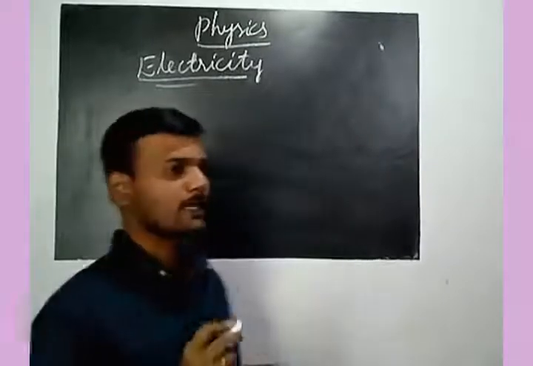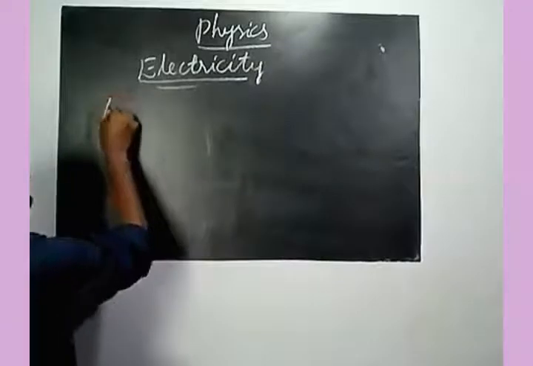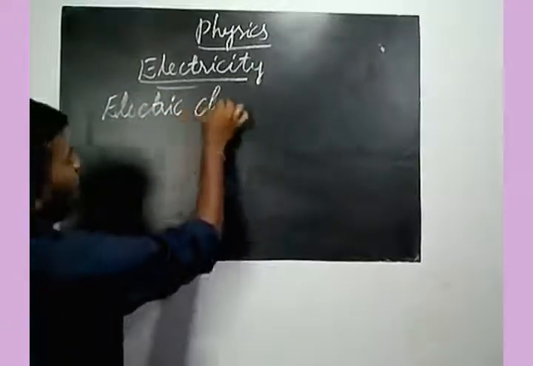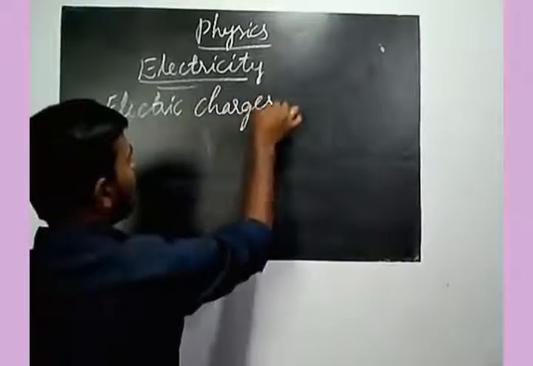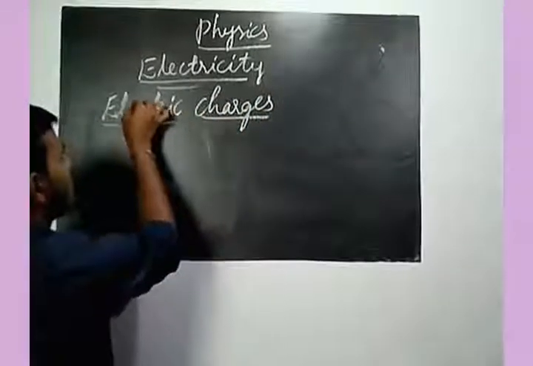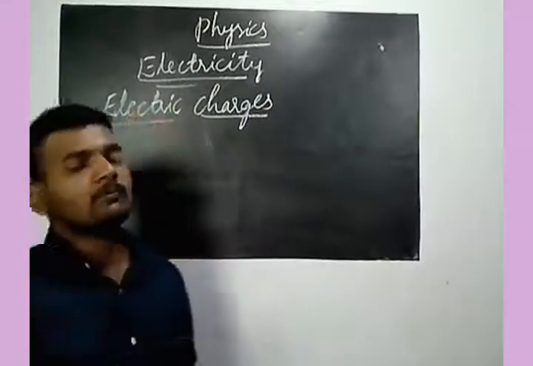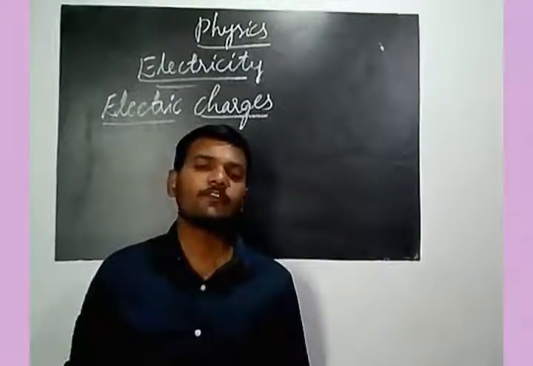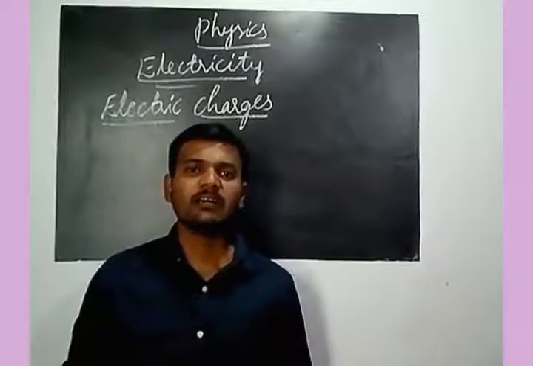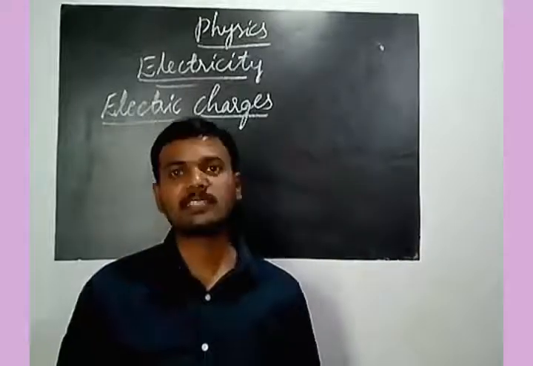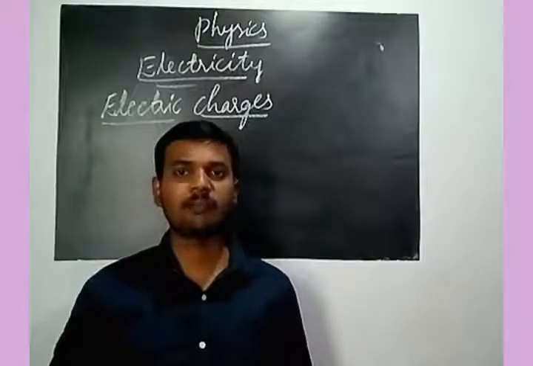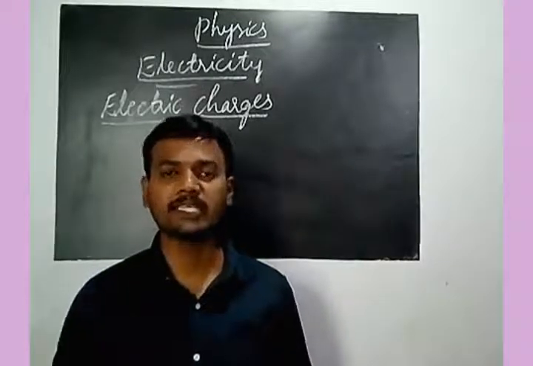The first one is electric charge. It is a physical entity.